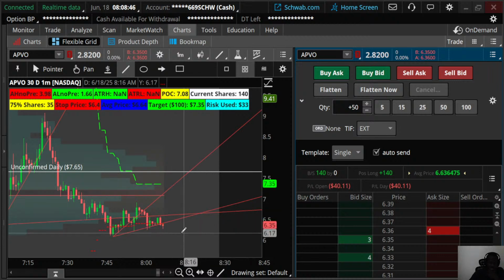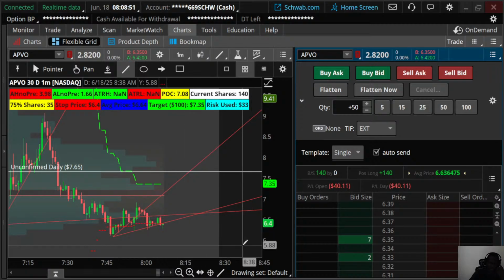Another little zigzag there. See if the 40s can hold. It's the only thing keeping me in here.